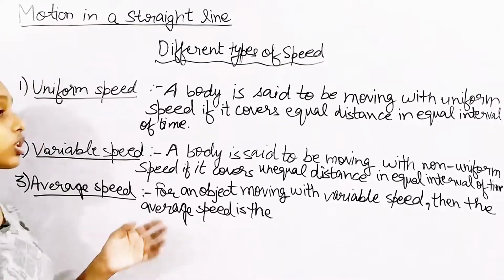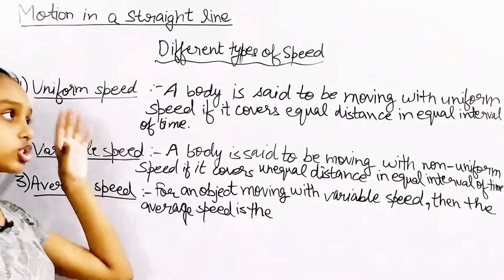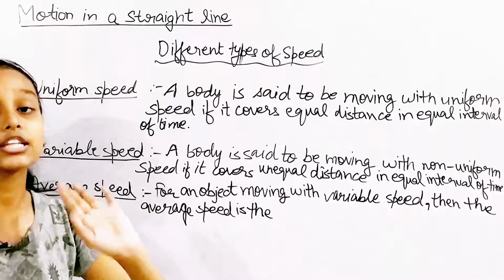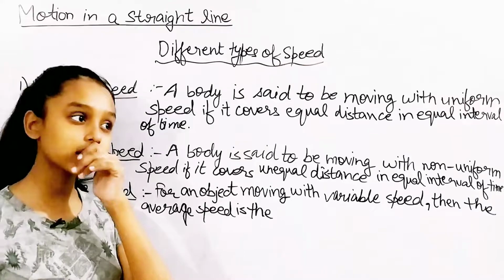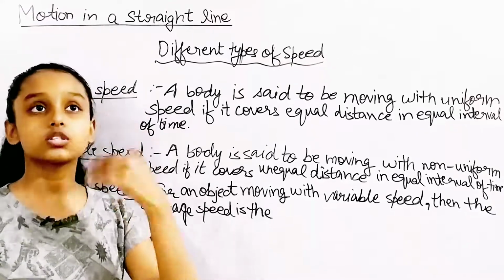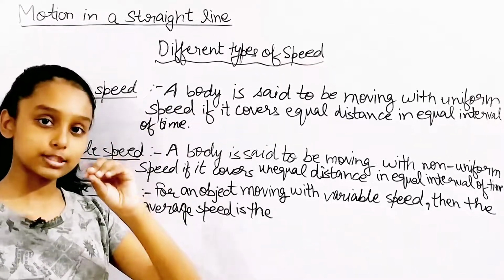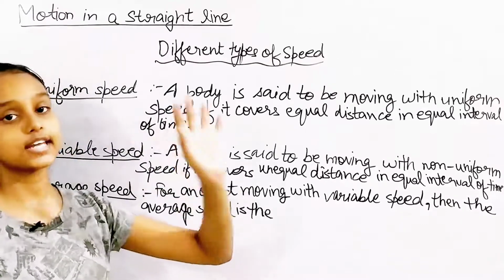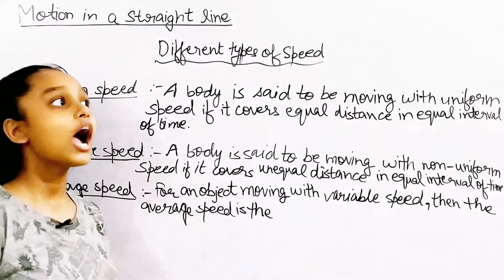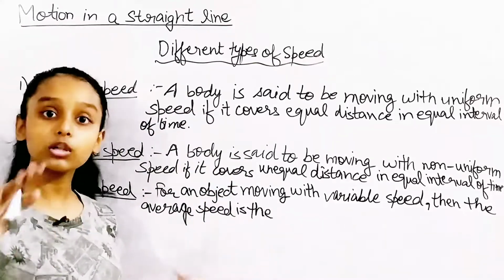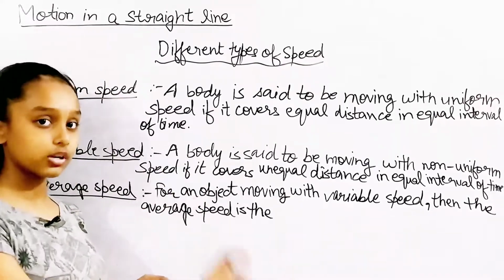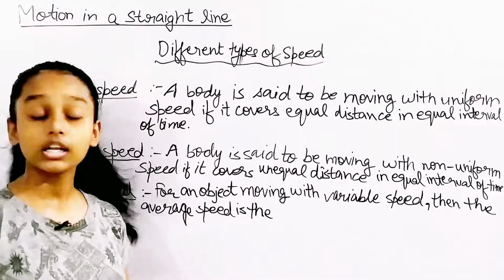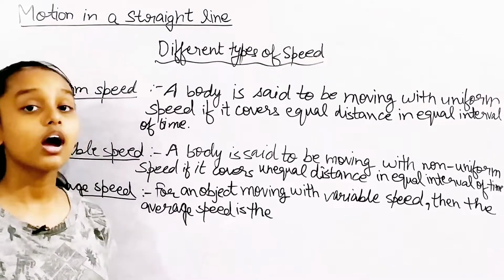So average speed is equal to distance upon time, which is total distance covered by total time taken. And average velocity is going to be displacement upon time. That's it. We're over with it.